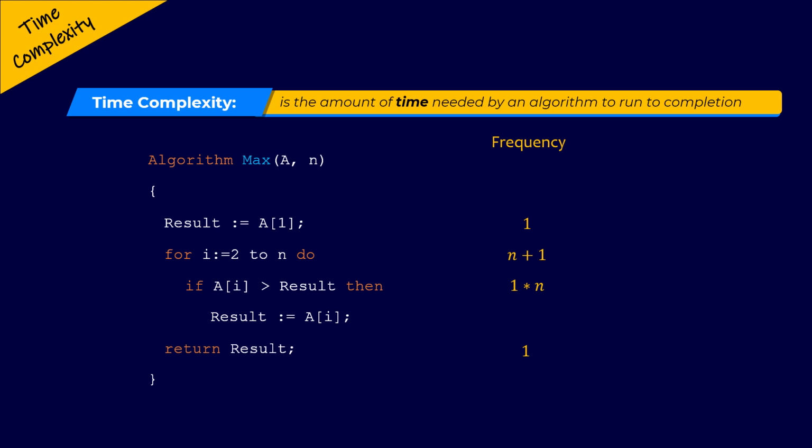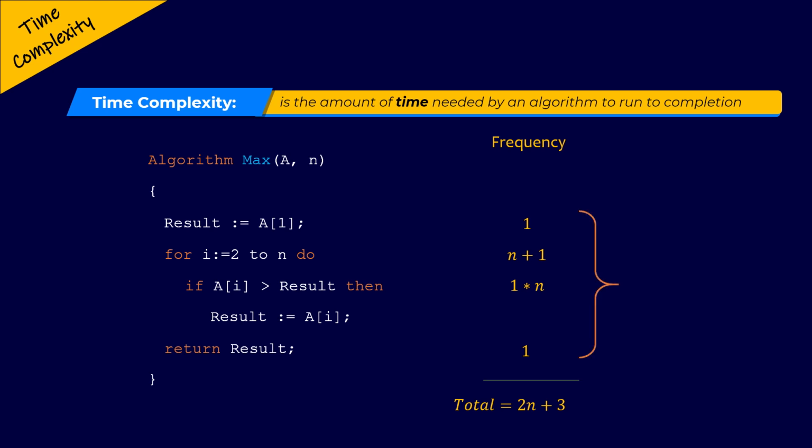Now, the step count of this entire algorithm is 1 + n + 1 + n + 1, which is 2n + 3. The number of operations needed to execute an algorithm is represented as a runtime function, which takes n as the argument.